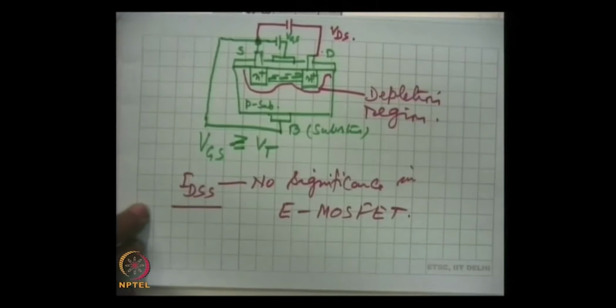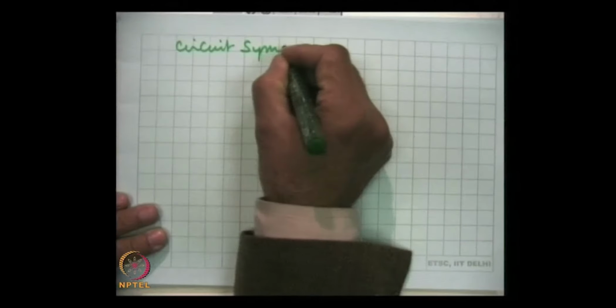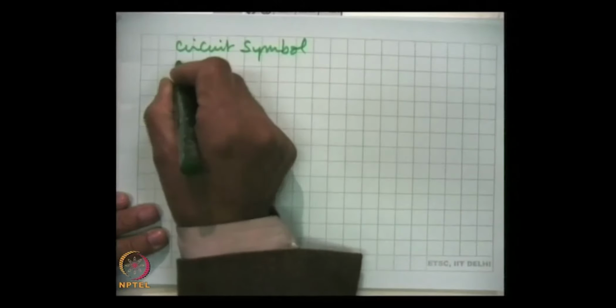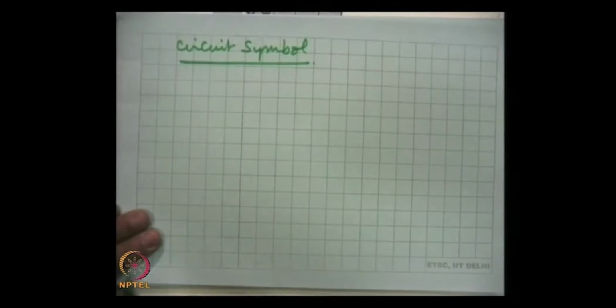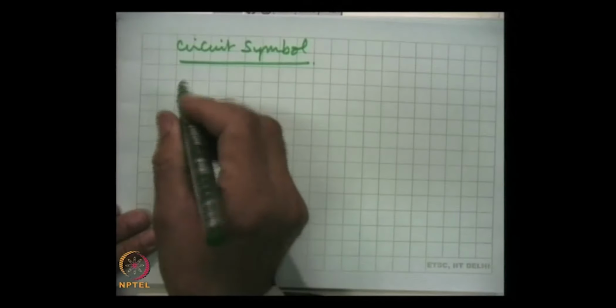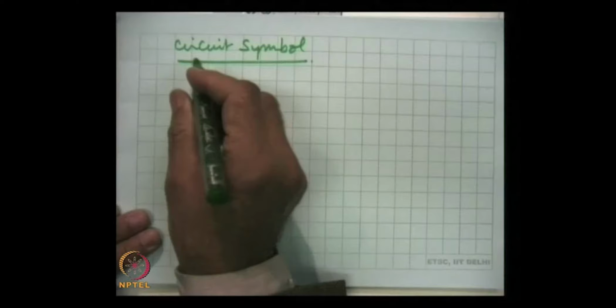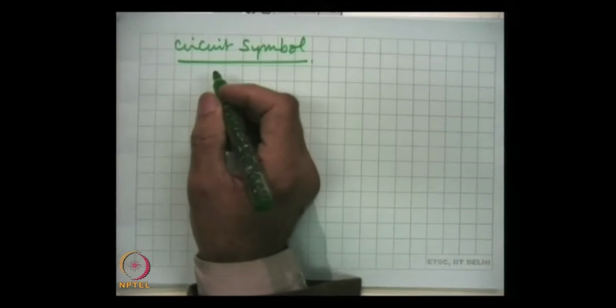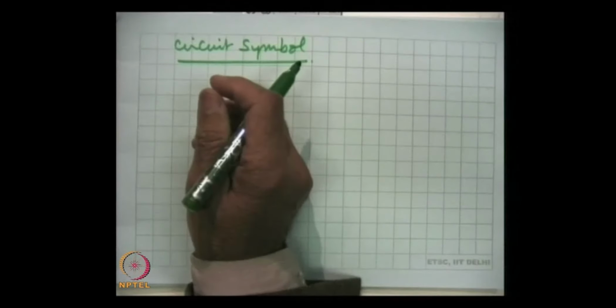Now, we talk of circuit symbol. Enhancement MOSFETs are shown like this. Here what we have taken is a P substrate, and we get an N channel.